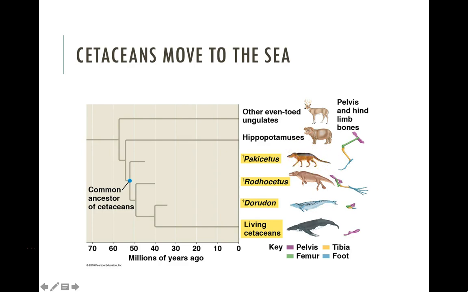They are looking at the bone structure of the ankle. They're also looking at the pelvis and the hind leg bone structure. And when they do that, they can see a pattern that they can use to determine the evolution of these organisms and suggest that these living cetaceans, the whales and dolphins, are actually most closely related to current deer and hippo.